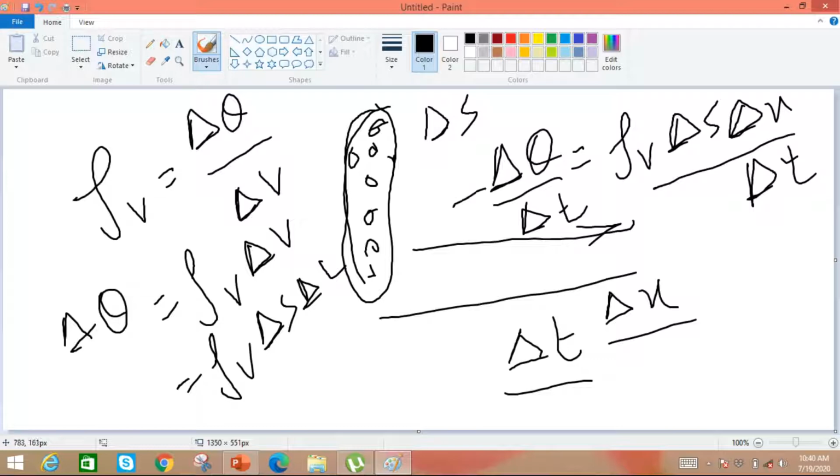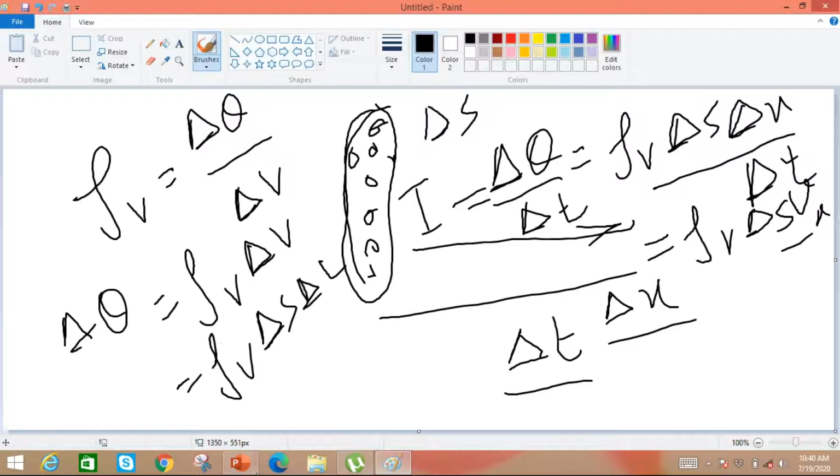So del q by del t is actually equal to I. So I will be equal to rho v del s into Vx, whereas Vx represents the velocity of the charges or the velocity of the volume charge density.